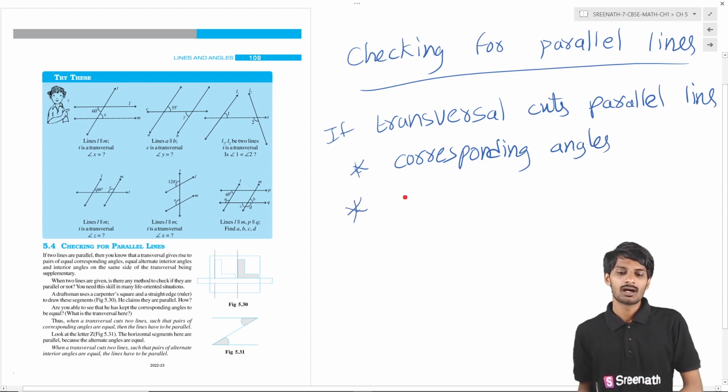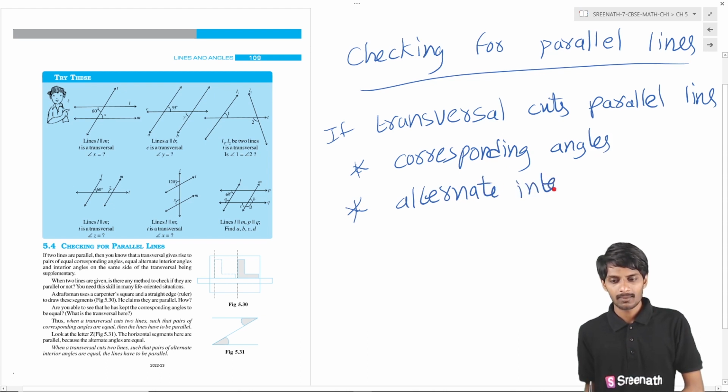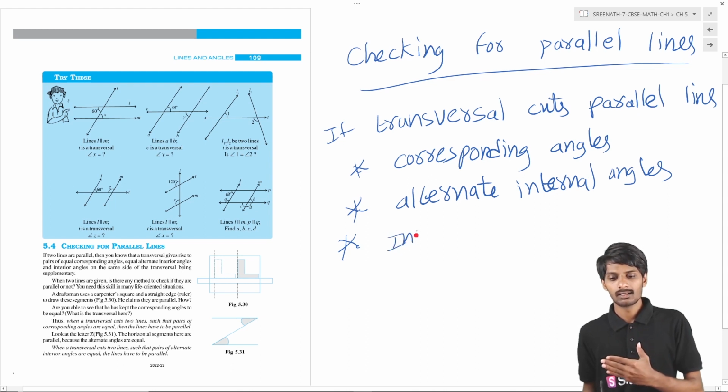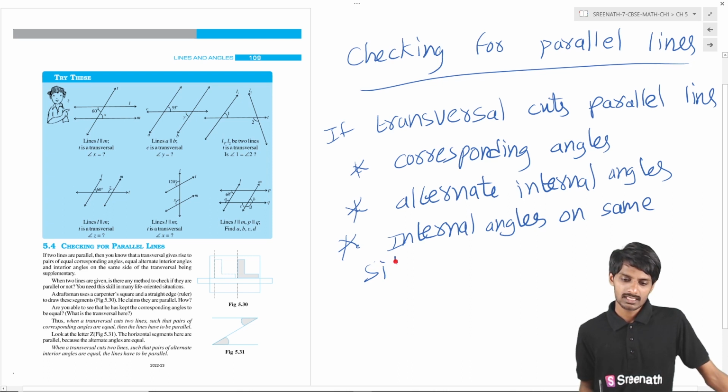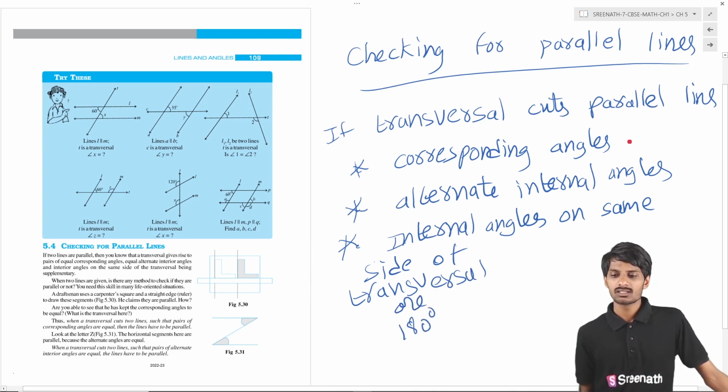Next, alternate interior angles are equal. Next, interior angles on the same side of the transversal are supplementary, or simply 180 degrees.